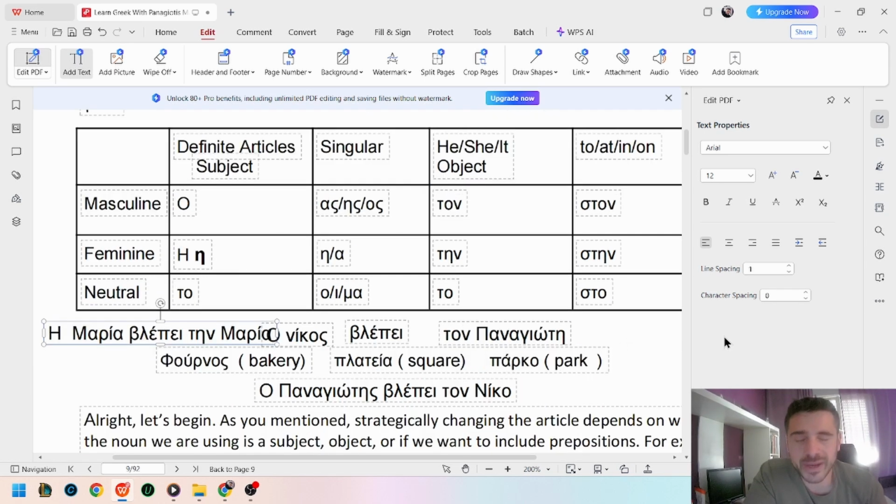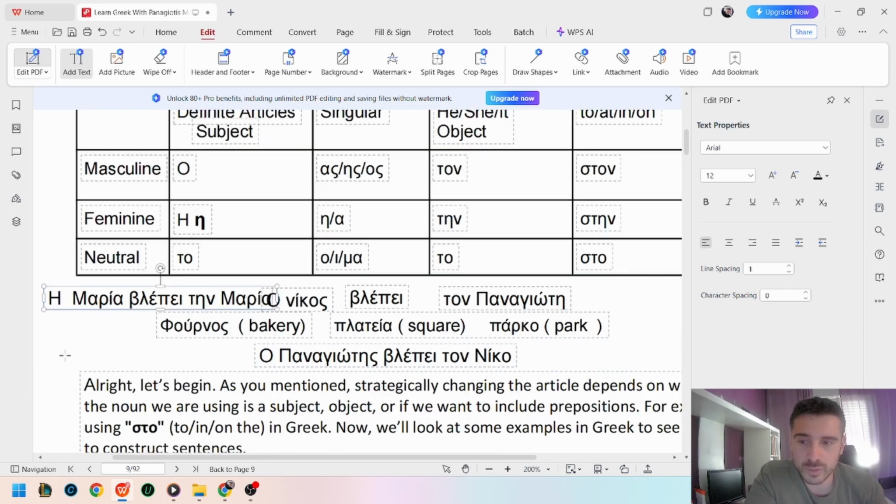How will you say "Panagiotis watches Maria"? You will say ο Παναγιώτης βλέπει την Μαρία, because Maria is the object of the sentence. And you always have to change the articles, and that's why you will always use ο, την, τον, το.